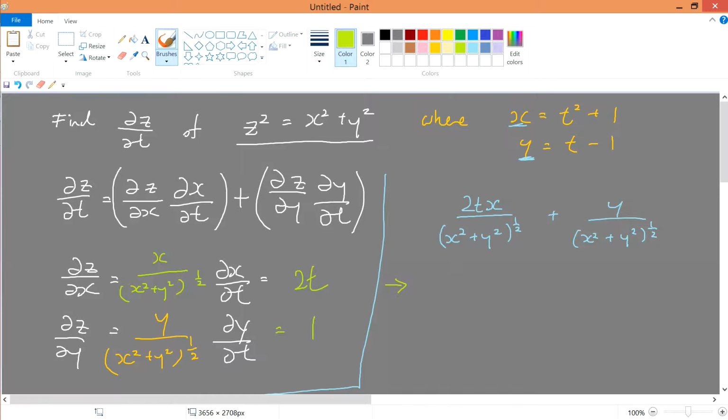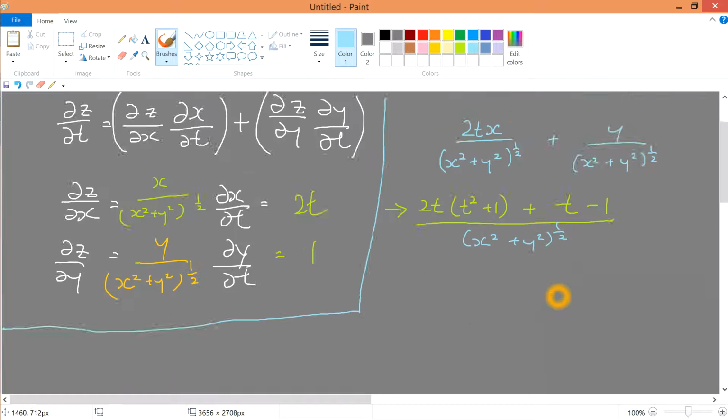In order to do that, x is t squared plus 1, so this is simply x, plus y is t minus 1. So I just put it here, and then I have the same, therefore x squared plus y squared to the power of half.